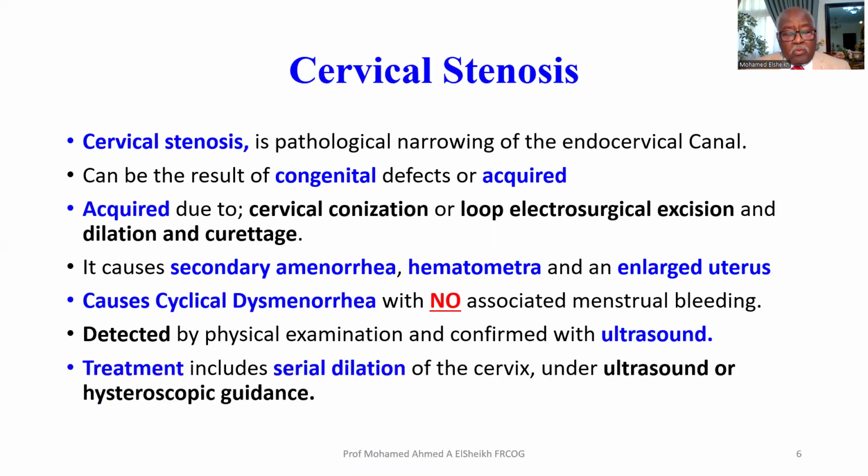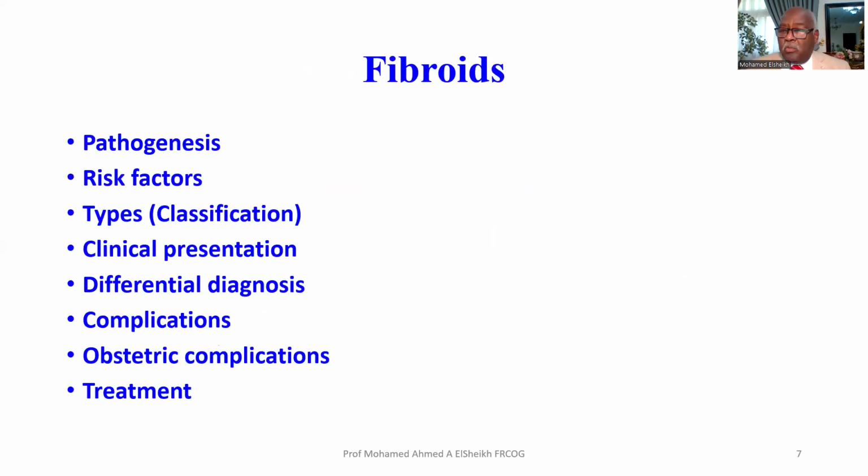Treatment includes serial dilatation of the cervix under ultrasound or hysteroscopic guidance so that they won't make unnecessary complications. The next one, which will be the main theme of the talk, is the fibroids.